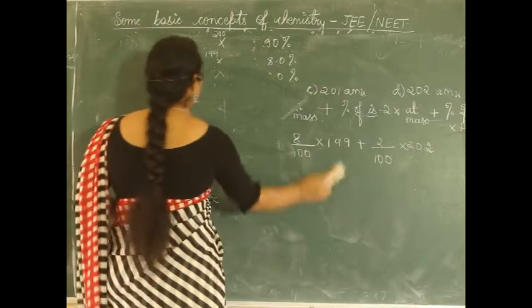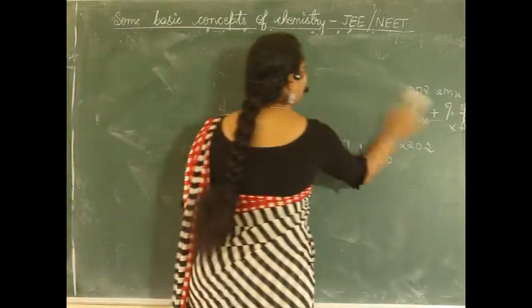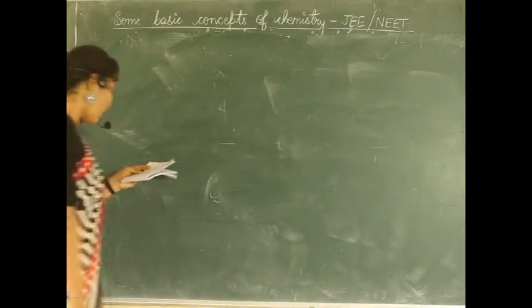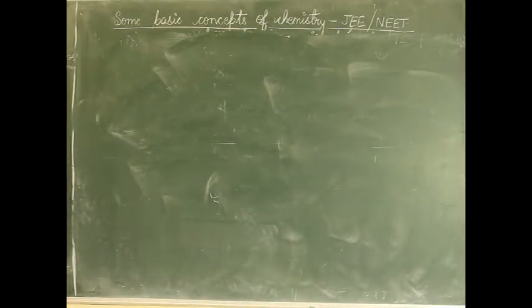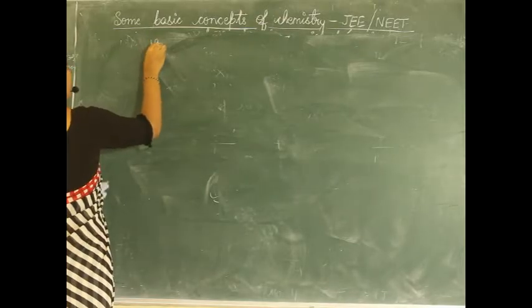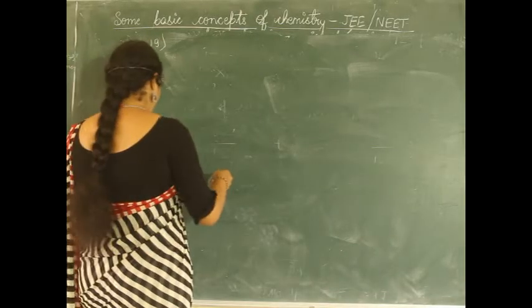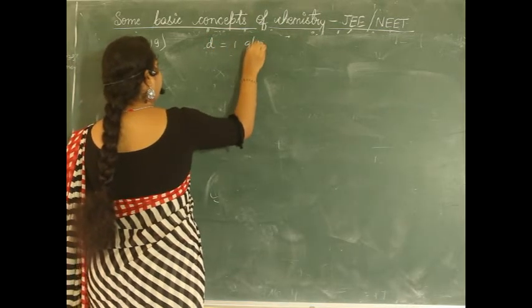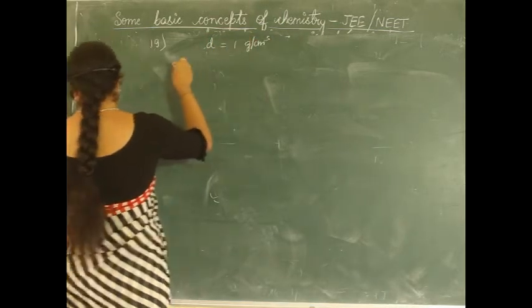Moving to the next question. It asks you to find the volume occupied by one molecule of water. Density is given as 1 gram per cm cube.